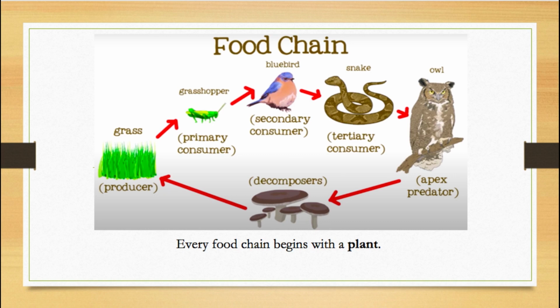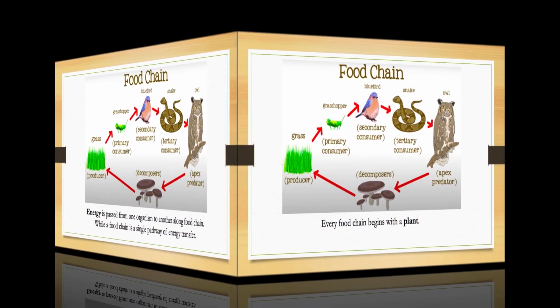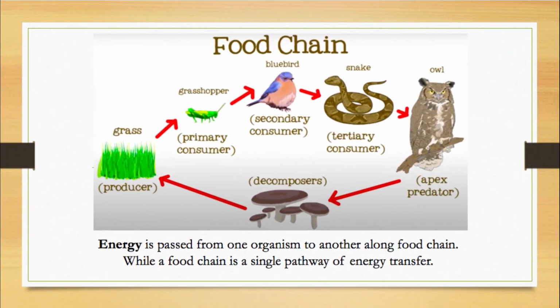Second, every food chain begins with a plant. Third, energy is passed from one organism to another along the food chain. Well, a food chain is a single pathway of energy transfer.